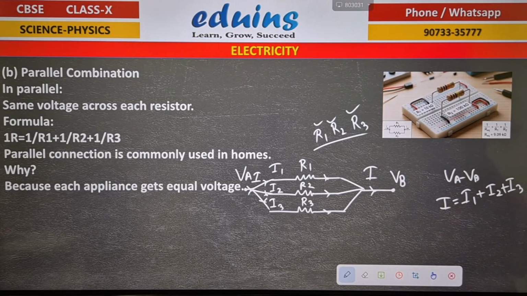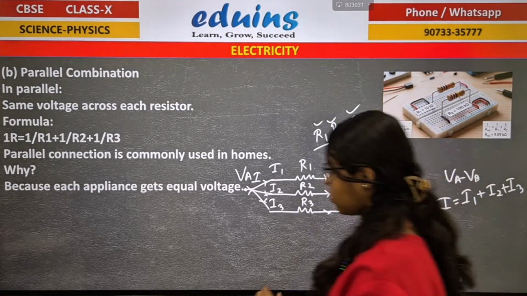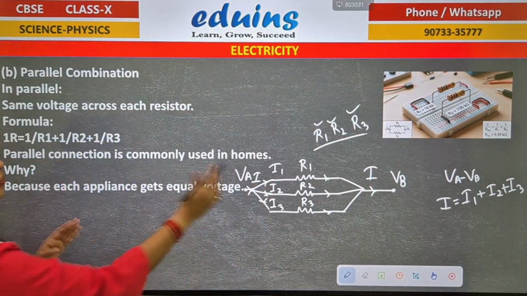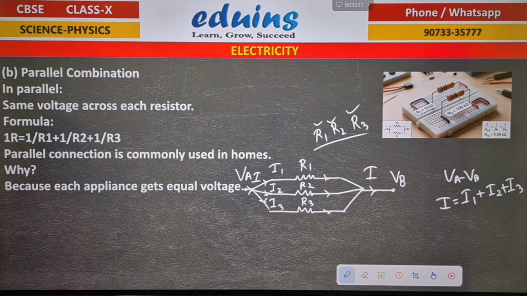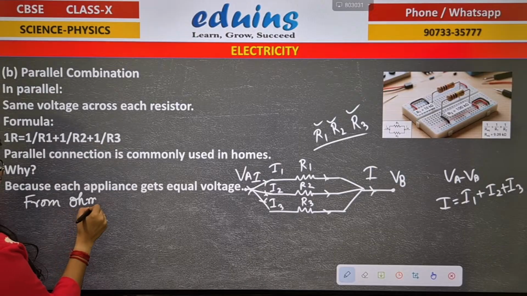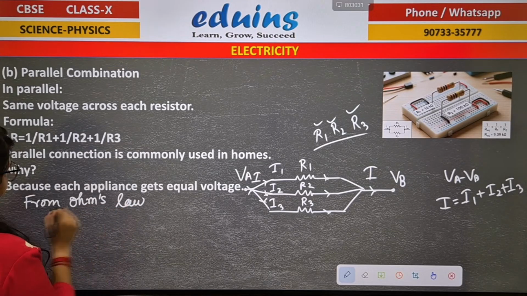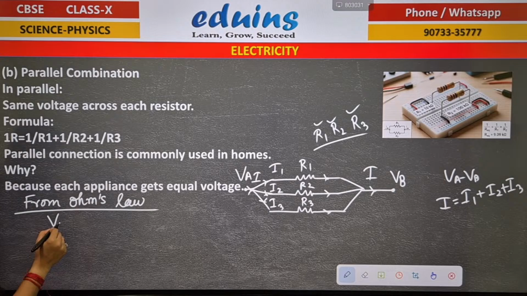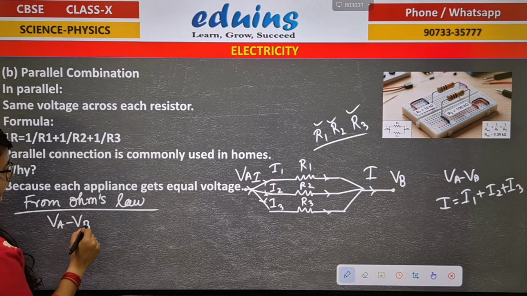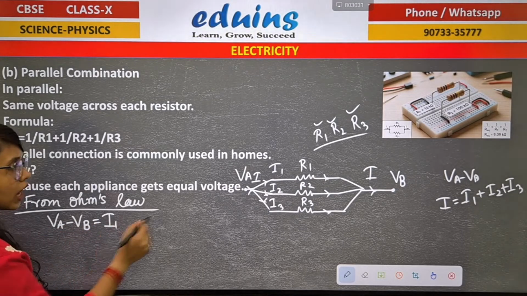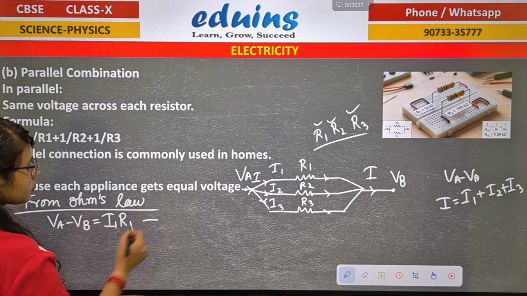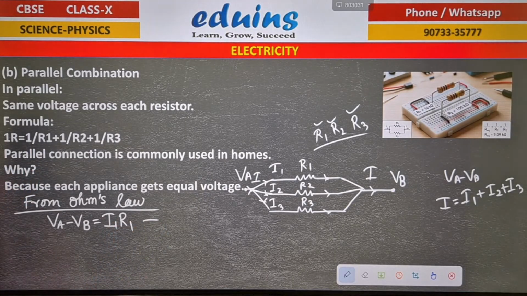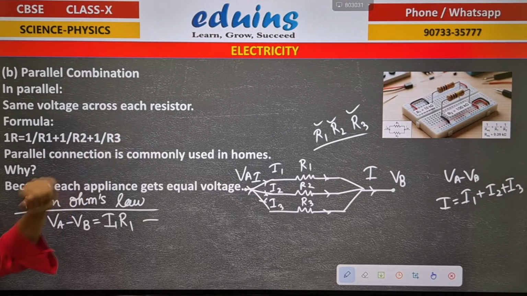Now, from Ohm's law, for the first resistor we can write VA minus VB is equal to I1 R1, because they share the same voltage, so the same voltage across each resistor.